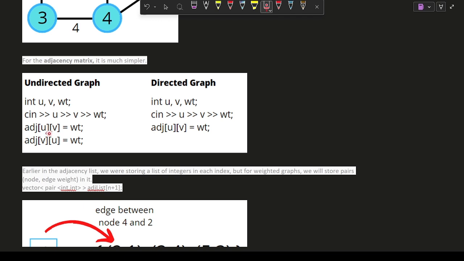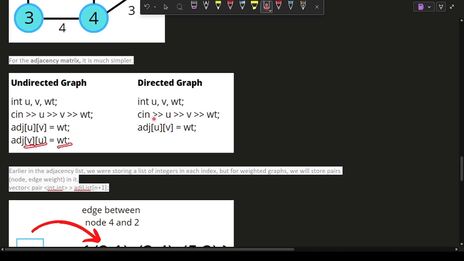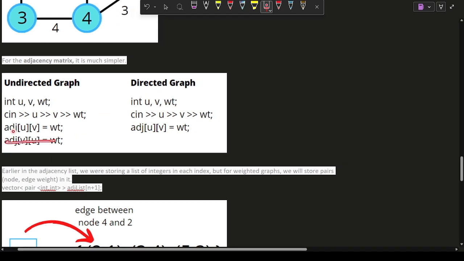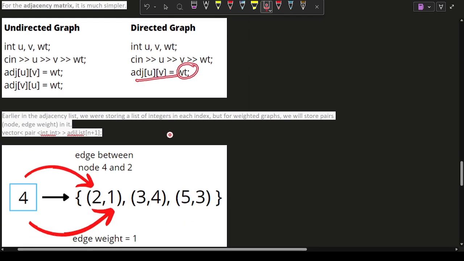Here UV is written with a weight, which represents that node U and node V are connected with an edge, and that weight is WT. Similarly for V to U in a directed graph, and for an undirected graph remove either one. So here UV is equal to the weight.